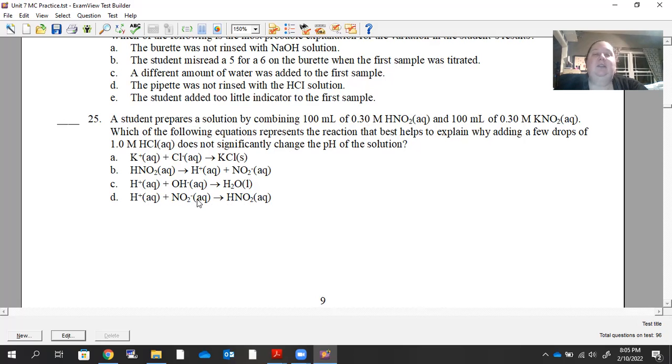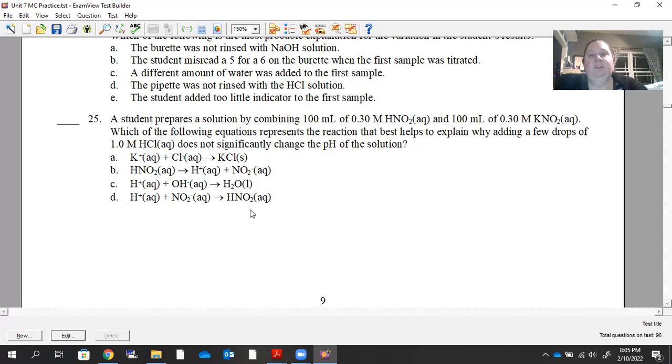Since both of those chemicals already exist in our solution, the H plus is reacting with it, meaning that H plus is no longer just floating around by itself, able to change the pH. That is going to help us explain best what's going on in that buffer.